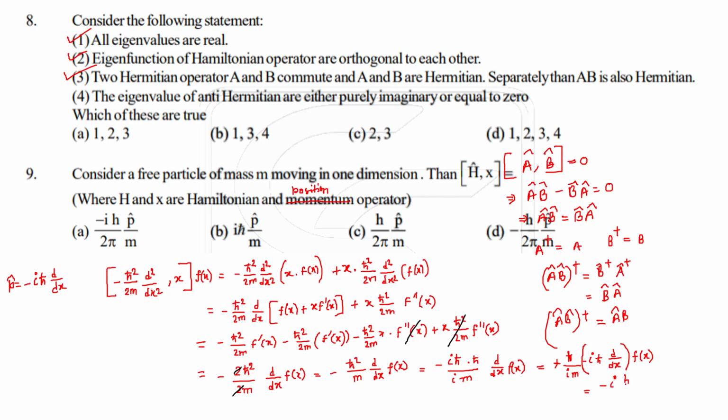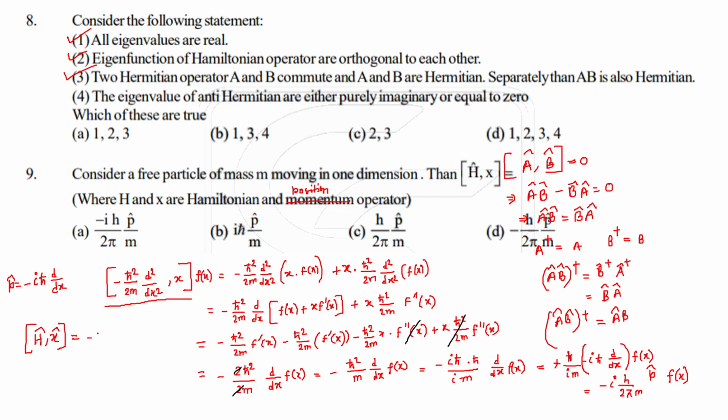Now each part I will write in terms of h over 2 pi m, and I will write p operator, and f of x. So this was my operator, the commutator. This was my operator.